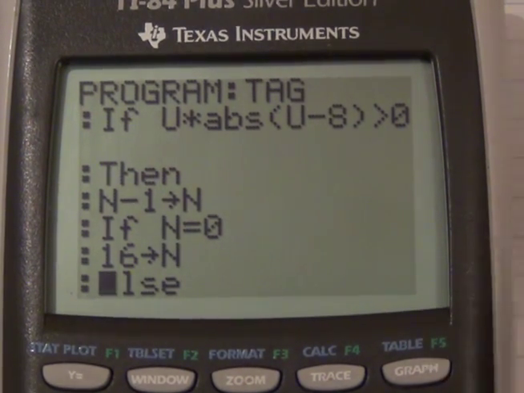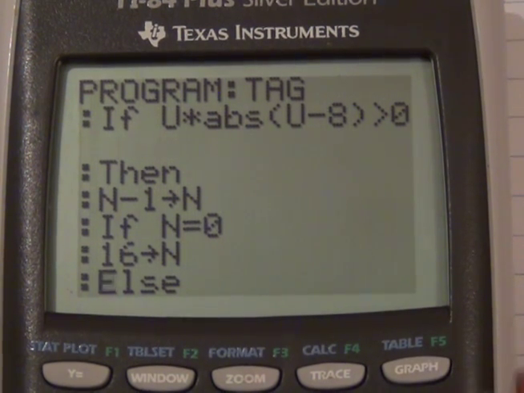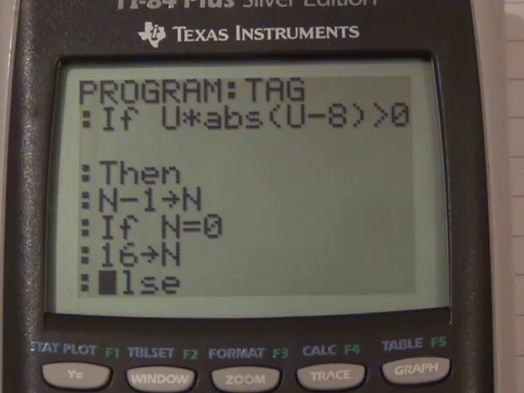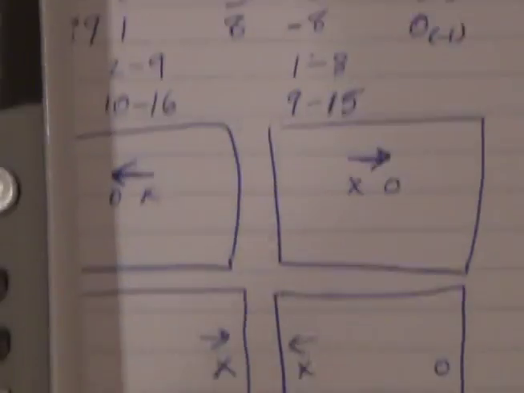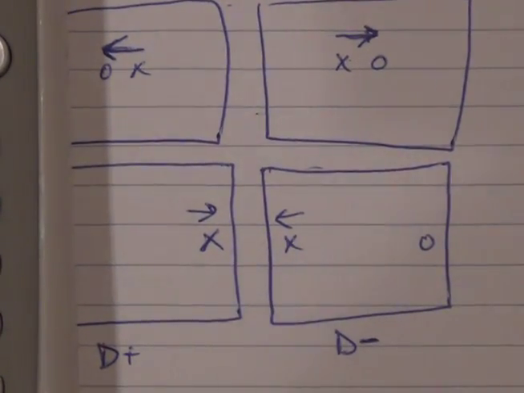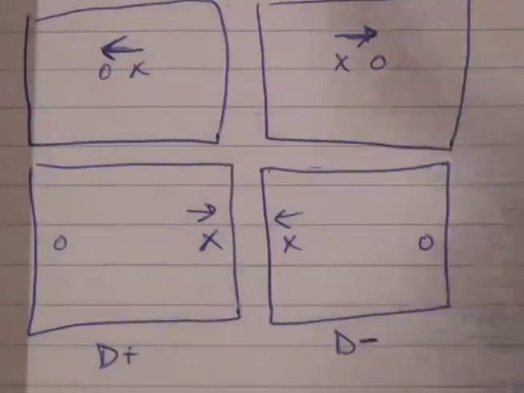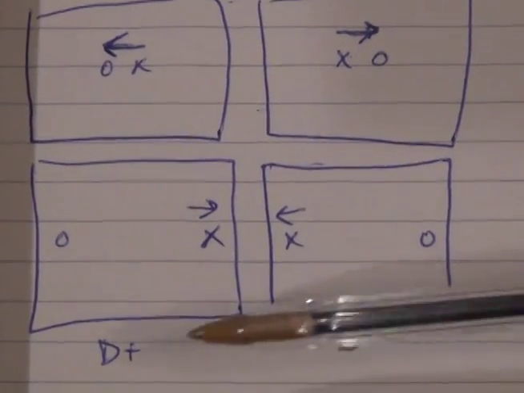Okay. So I was so sure of that. I was so sure. I was so absolutely sure. So let's figure out what I was doing wrong.